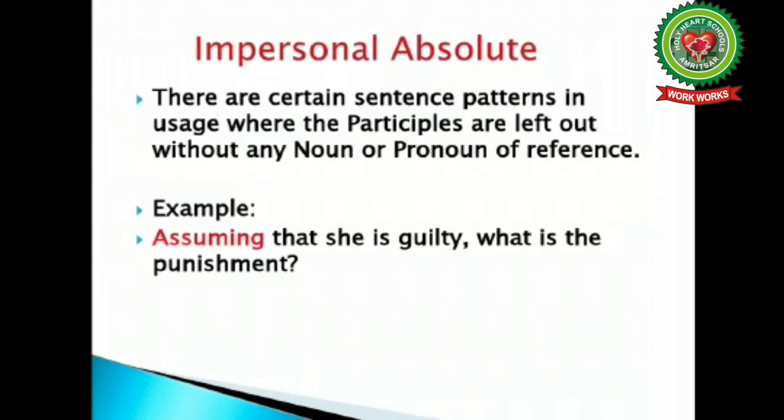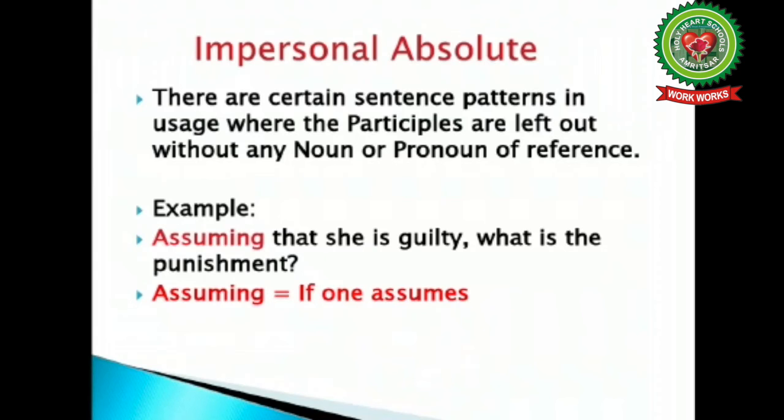Children, the action of assuming is done by some person. In other words, assuming means if one assumes. So, we can omit the noun or pronoun that refers to the person who is doing the task of assuming, and we can simply say, if one assumes.